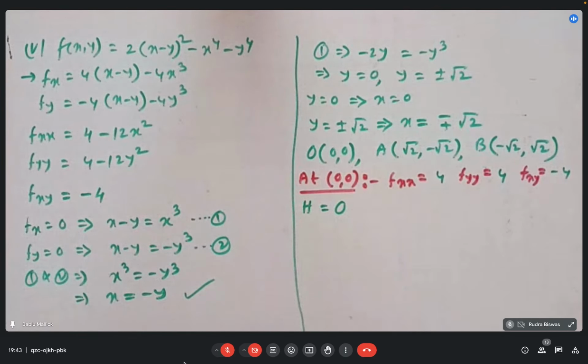So how can I check now? Look, write: h is equal to 0, therefore we need further consideration.